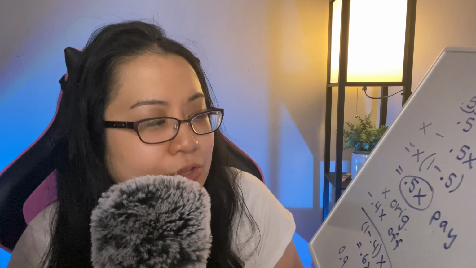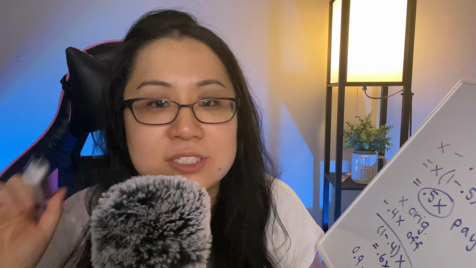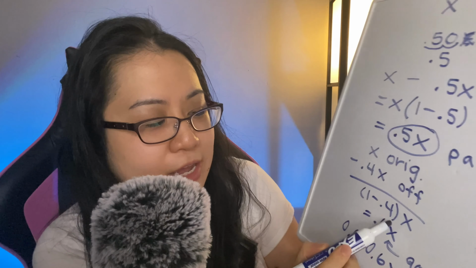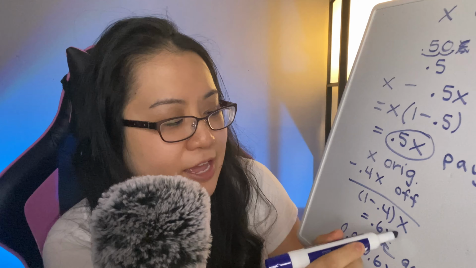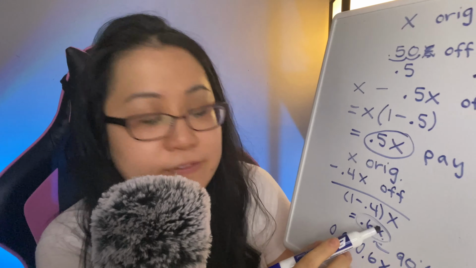And then another little thing is to be clear with if you're talking about some dollar amount off versus what you're paying and the percent of what value. In this case, when we had 0.6x, that is because we are trying to keep everything in terms of x.